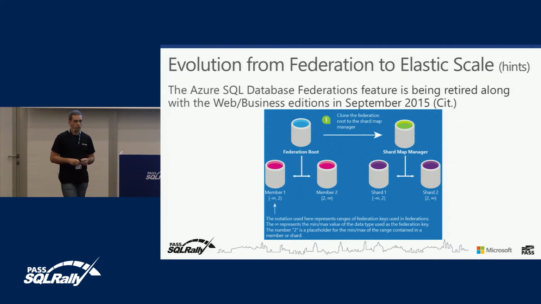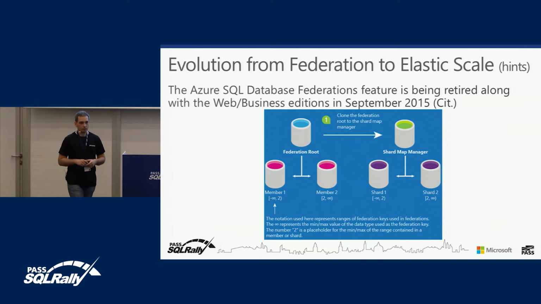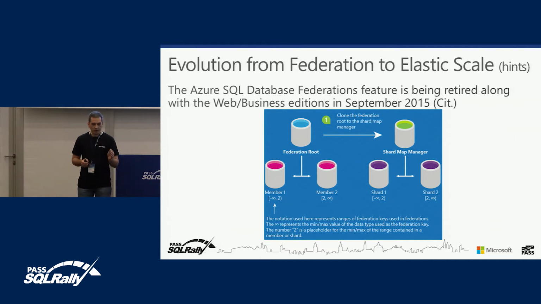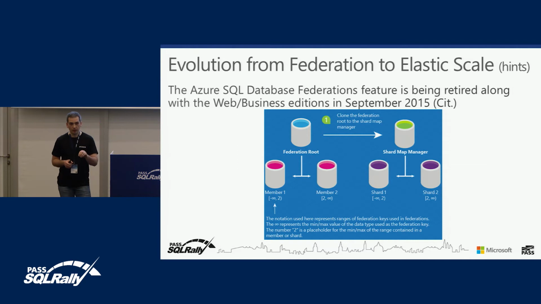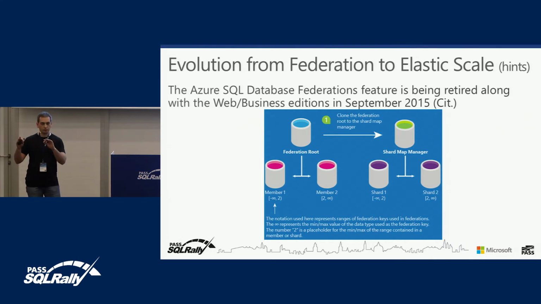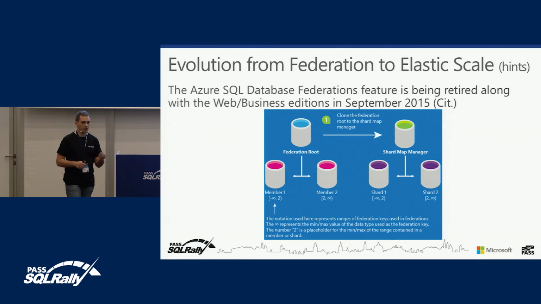Federation will die in September, and the engine will be stopped, but the database remains in the system, as the operation is a switch out. So the federation root will be the shard map manager in Elastic Scale, and the member is called a shard.